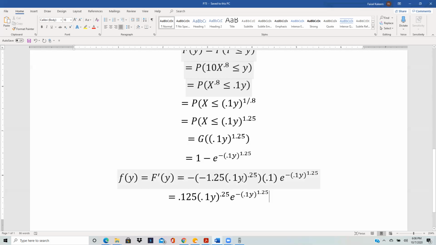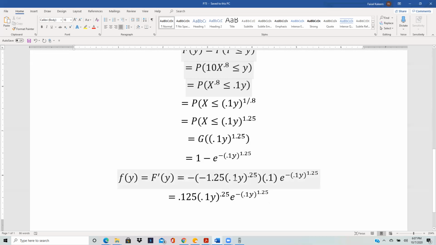We still need another level of chain rule because the base was not just y but 0.1y, so the derivative of 0.1y is 0.1. Then the two negatives cancel out, and the 1.25 gets multiplied with 0.1 to give 0.125.